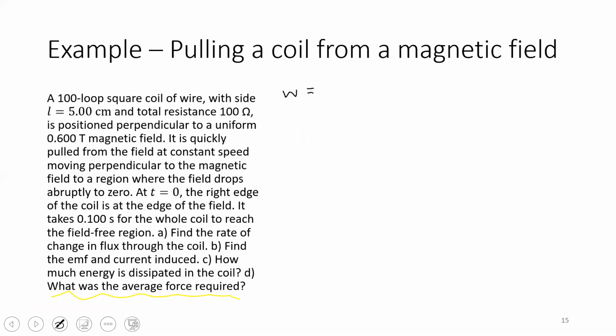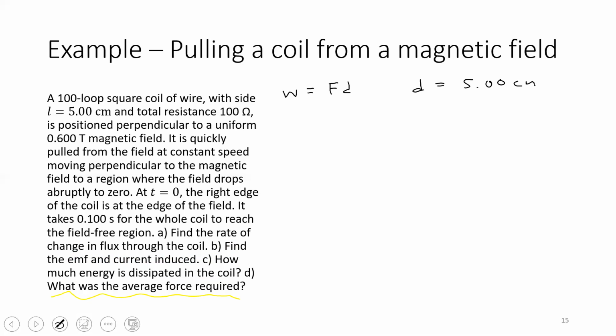So the work energy principle says that the energy that it takes to do something is either the work you put into something or the work that comes out of something. So we had to apply a force over a certain distance. We had to apply a force over the distance that it took to pull this coil out of the field, which was just the width of the coil, that 5 centimeters.